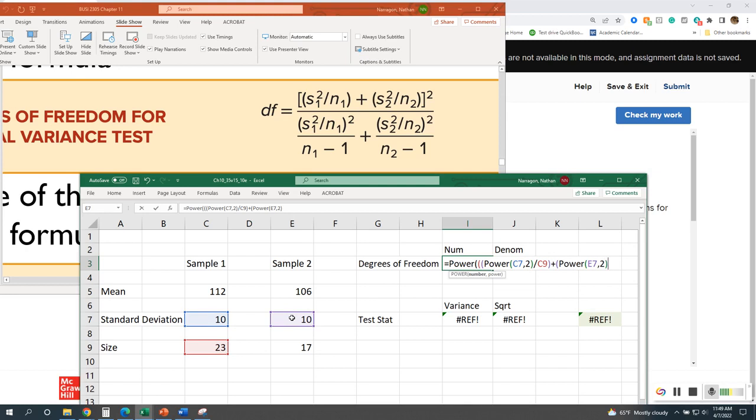Standard deviation 2, so that's squared, divided by sample size 2.